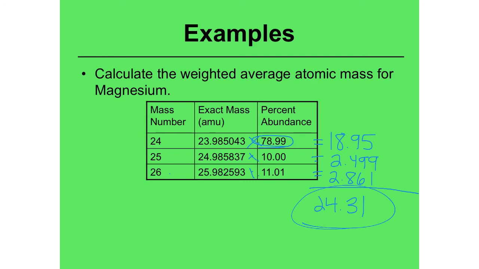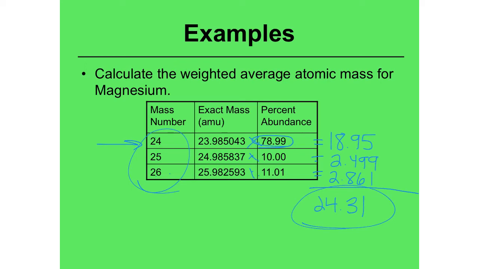Our answer makes sense because it's between our 3 numbers, but closer to 24 since that is the most abundant one. And again, isotopes are the same element, magnesium in this case, but different masses because they have a different number of neutrons.